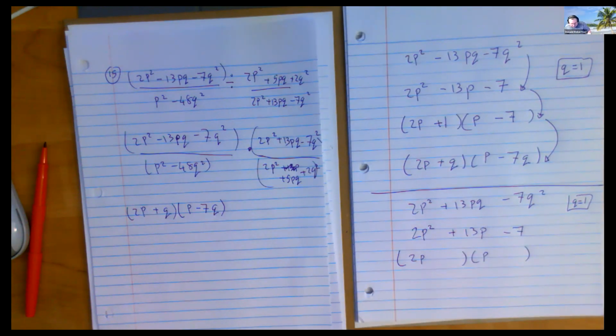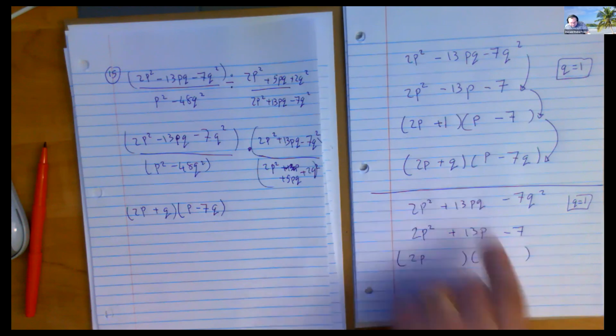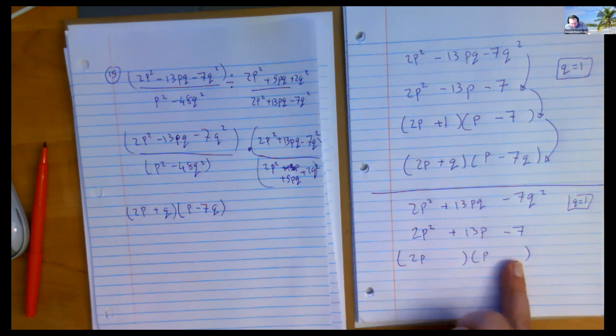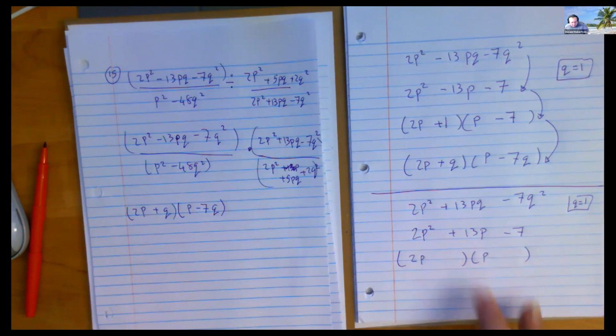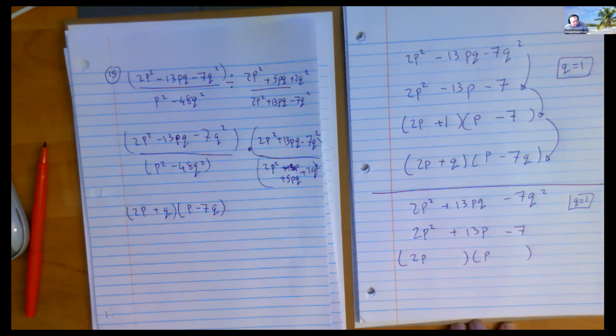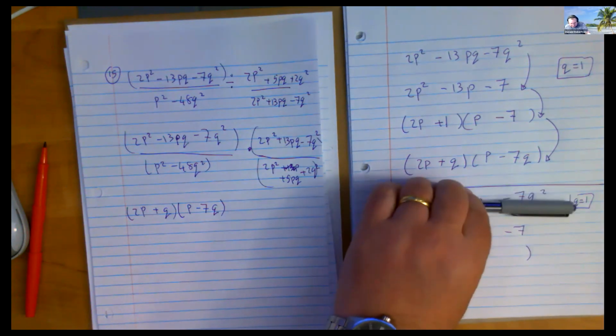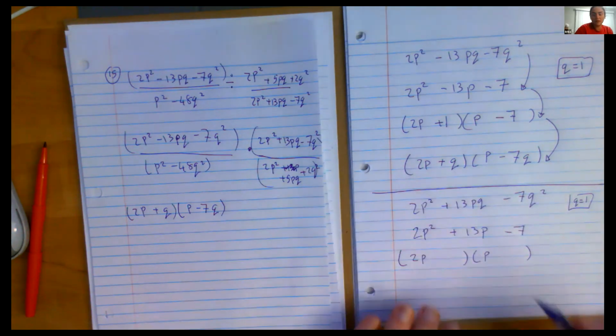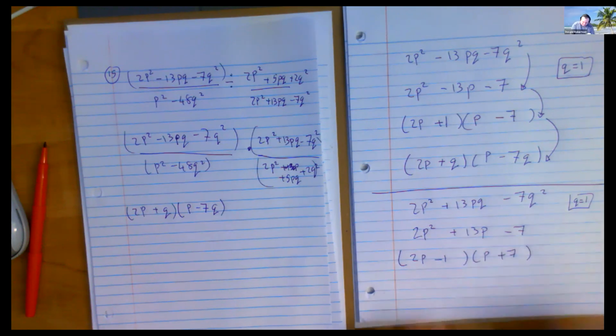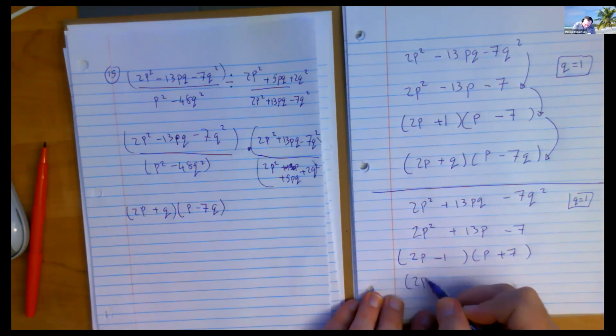Okay, what combination of -7 do you think is going to get me plus 13 this time? What number goes here and what number goes here? Right, I want -7. Ignore that, that's a distraction. -1 first and then 7. Agreed.